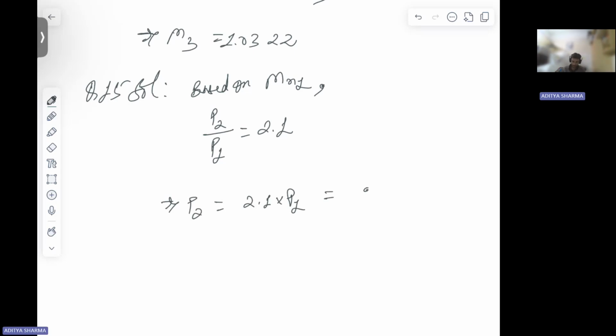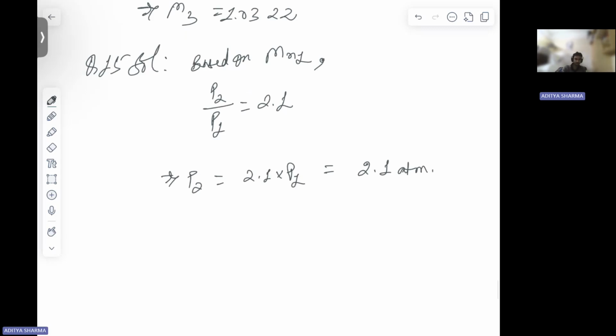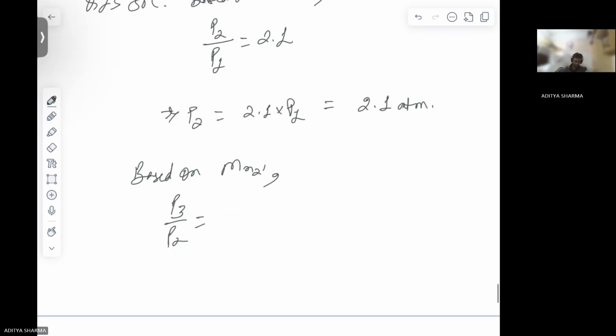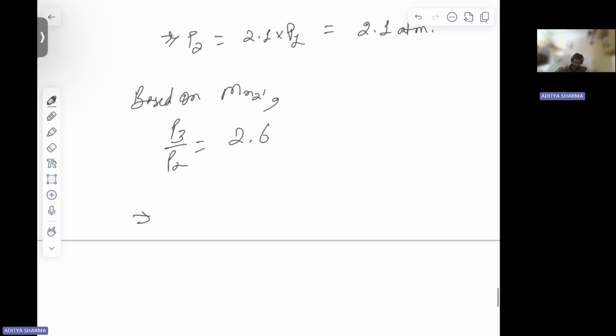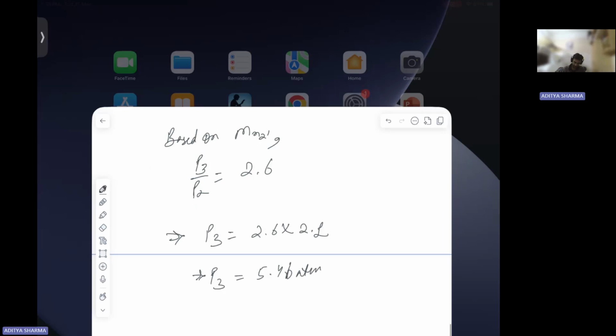Now your P1 is 1 atmosphere. Then based on Mn2 dash, your P3 by P2 becomes 2.6. Implies your P3 is 2.6 into P2. Now P2 is 2.1. So this becomes 5.46 atmosphere, right? So this is question number 15.